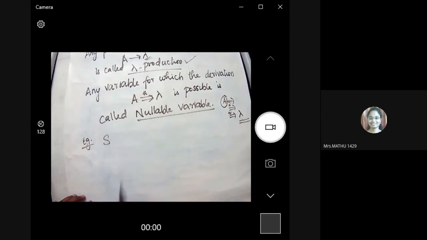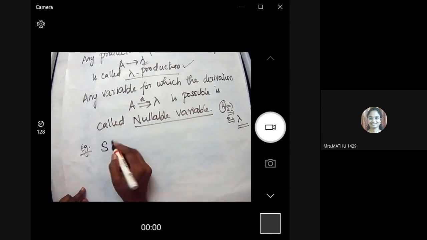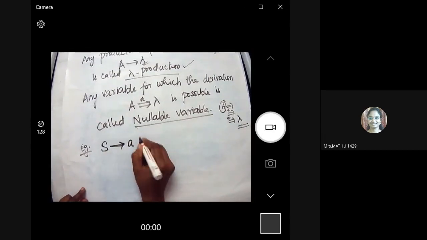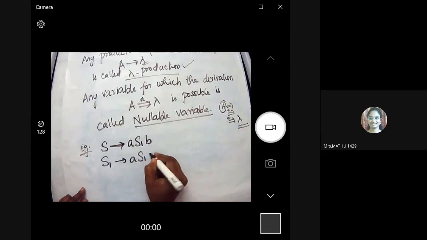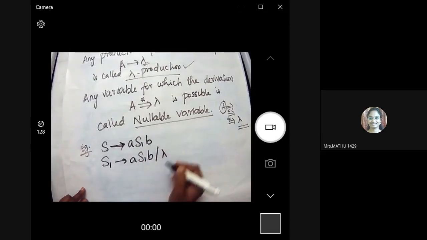Consider this particular example. S gives A S1 B, and S1 gives A S1 B or lambda.